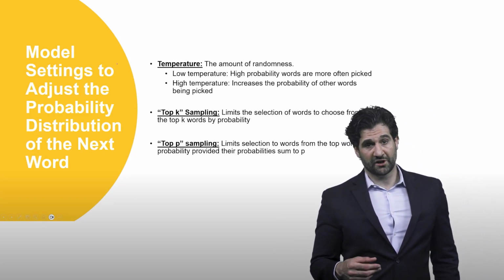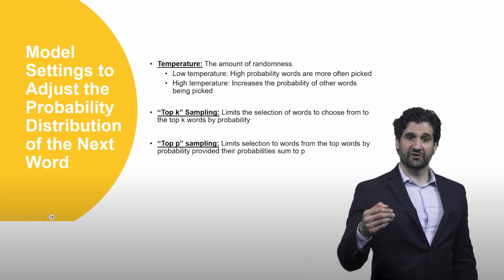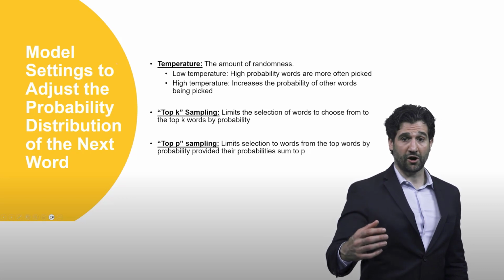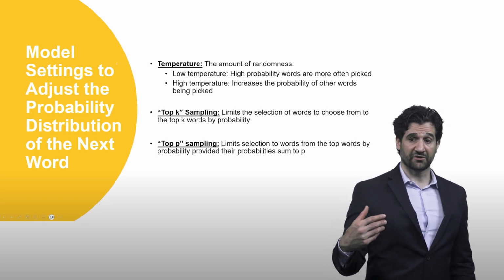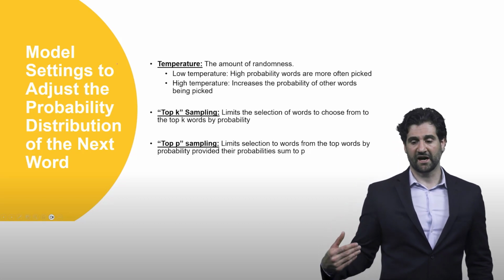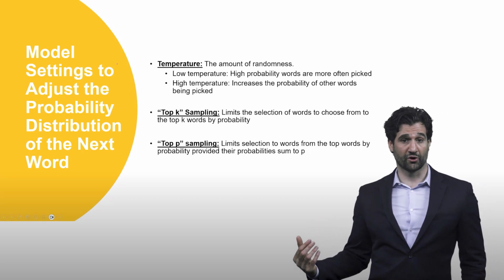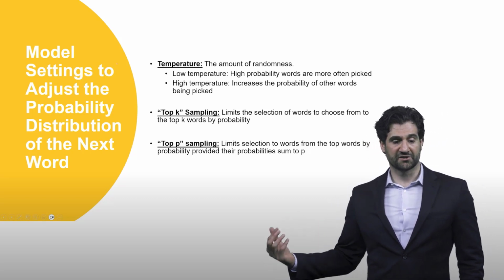Now, if we adjust the temperature, if it's a low temperature, this makes it more likely that those high probability words will get picked, and there's going to be less randomness in the result.